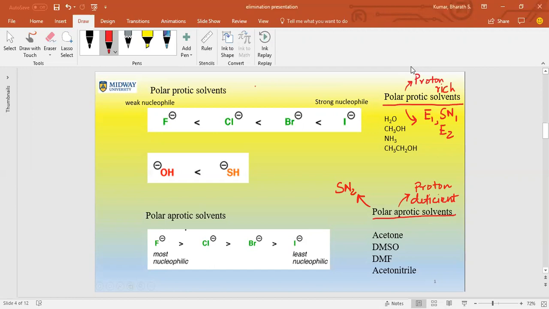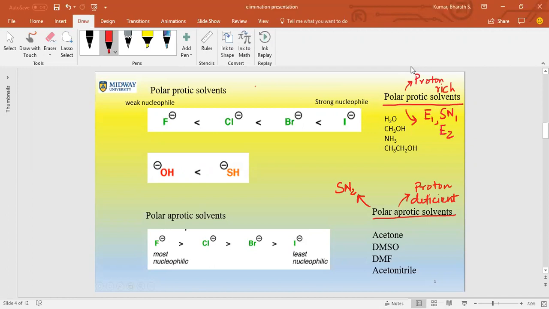So polar protic solvents typically work well in E1, SN1, and E2 mechanisms, and SN2 primarily works well with polar aprotic solvents. I would try to stay within these four for the purpose of this course, because these are most likely what you would encounter in our lab.